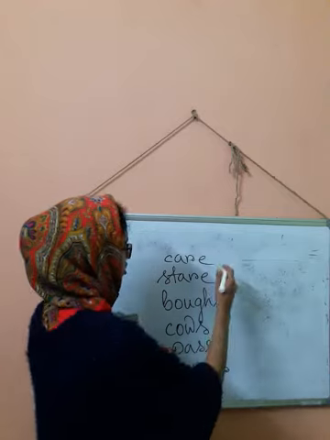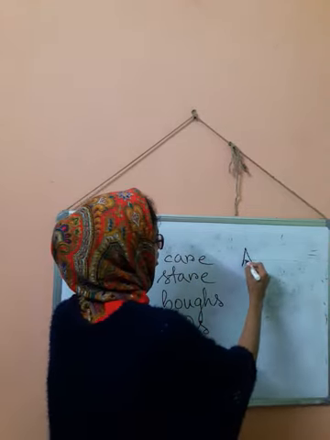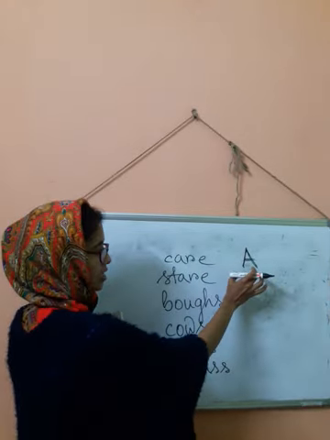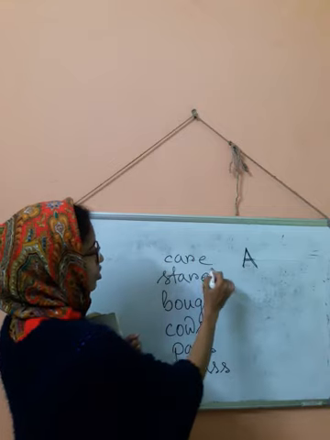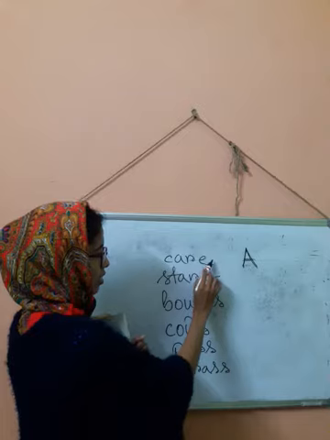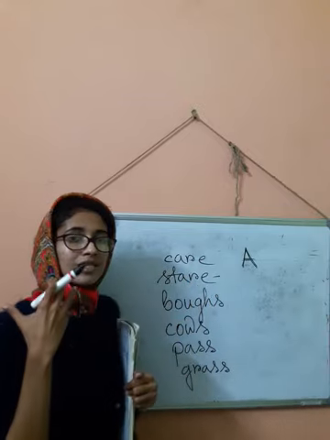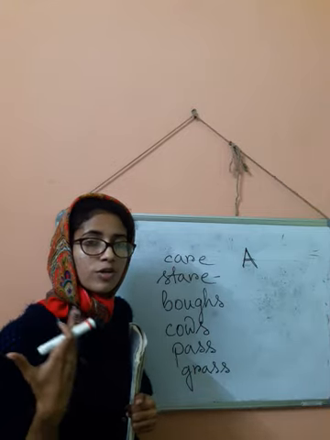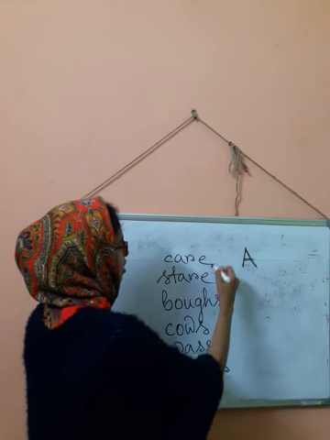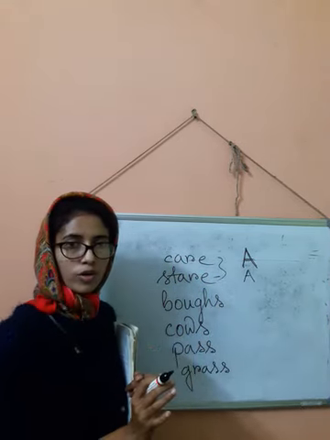We will start with the alphabet A. For the first line we will take the alphabet A. Now because the second line's last word is rhyming with this line's last word, care, stare. See the similarity between the sound, between the utterance of these words, they are similar. That's why, as they are rhyming, we will again write A for this word also.